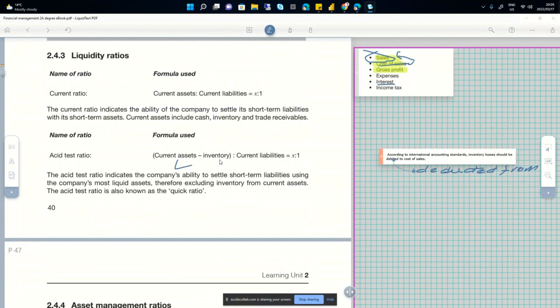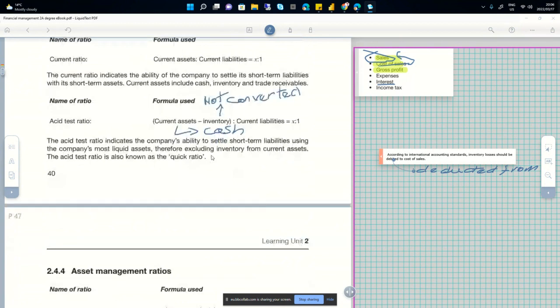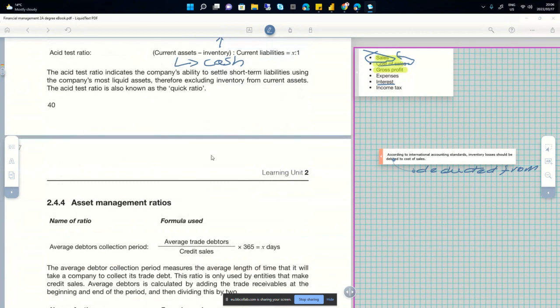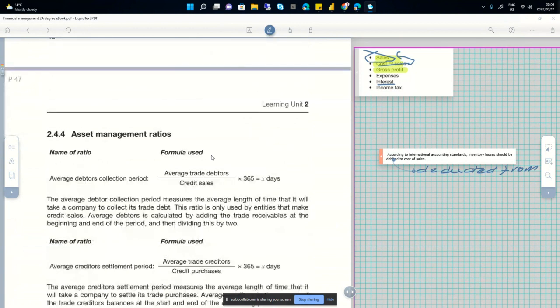So we will remain much with the cash, because this inventory has not yet been converted into cash. So that's why it is called an acid test. In other words, you want to have a quick feel of our liquidity. If the money that we have right now will cover the money that we owe.